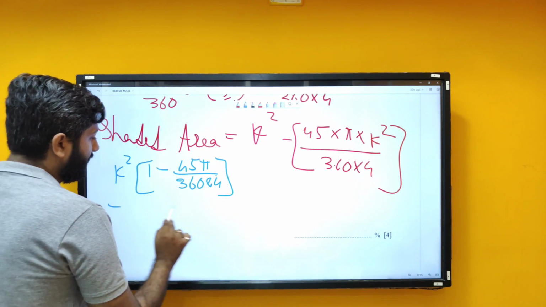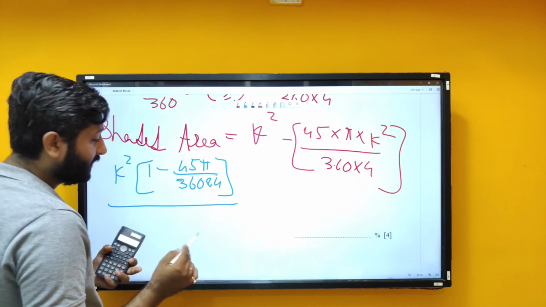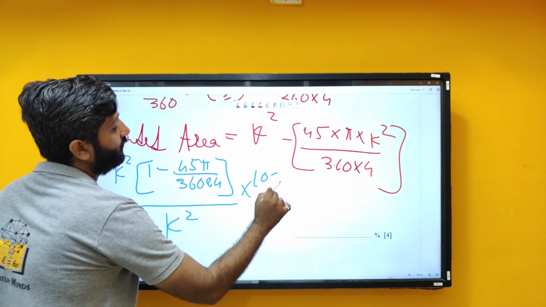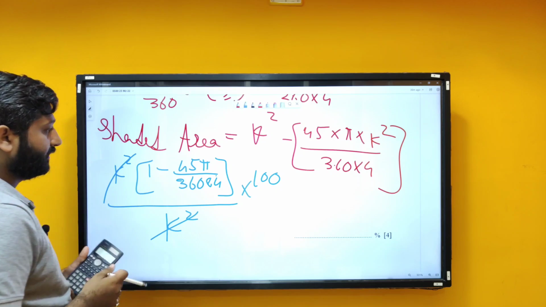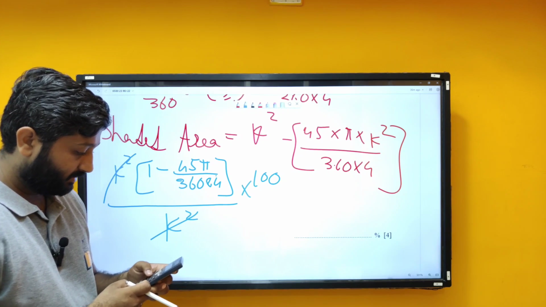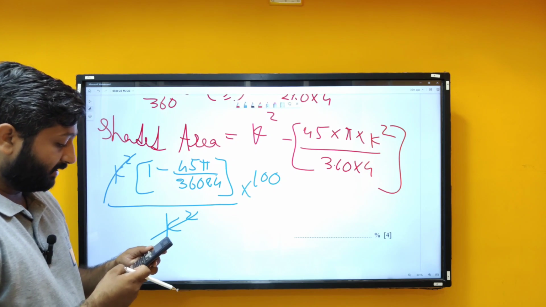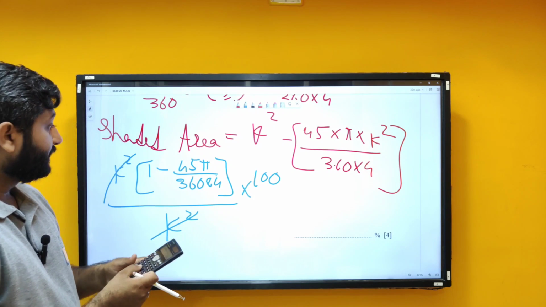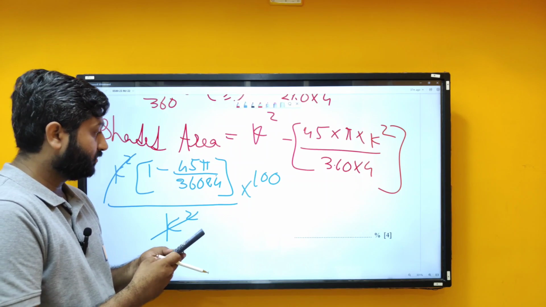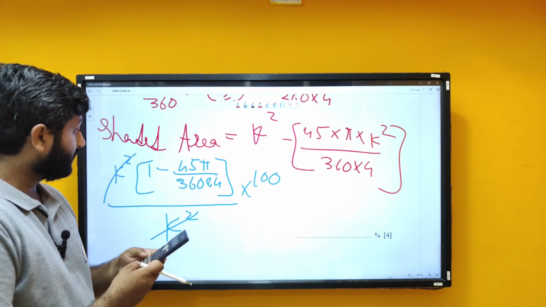This is my shaded area as a percentage of total area. So total area is k squared into 100. K squared will get cancelled. So let me solve this, guys. 45 into pi divided by 360 into 4, 1 minus.